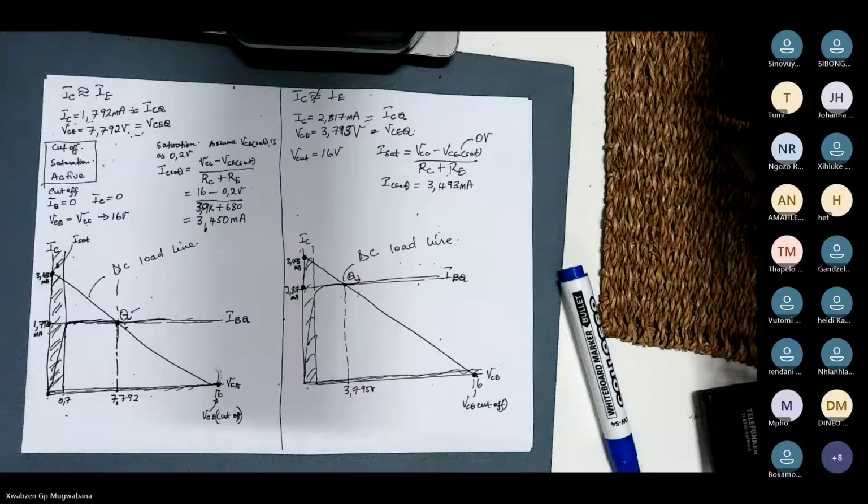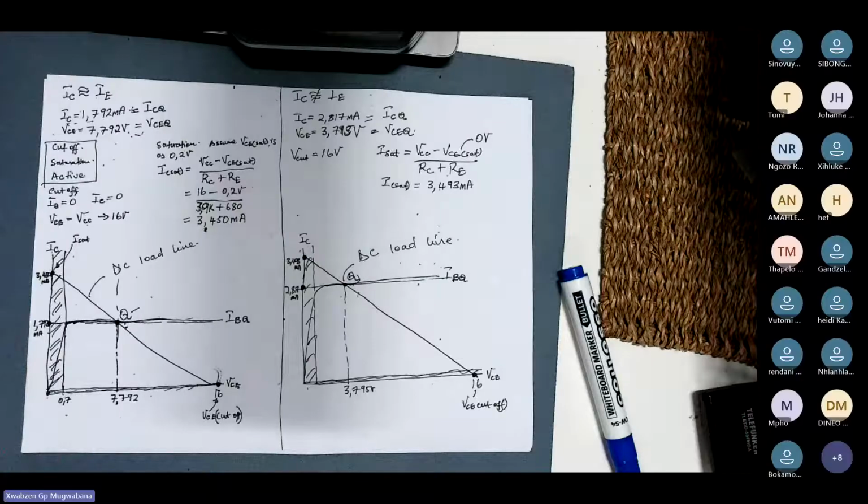Yes. Even the DC load line? Even the DC load line. How are you going to define your operational point if you don't tell me your DC load line? Thank you.